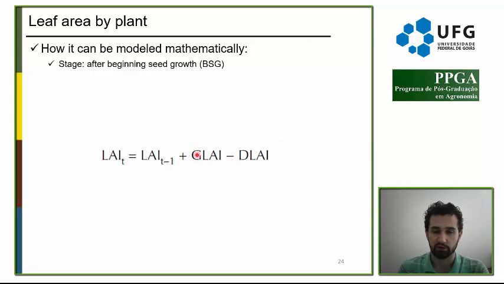So until the beginning of the seed growth, we have this increase occurring and the senescence is zero, but after the beginning of seed growth, the increase will be zero, and you have this decrease to update the value of the Leaf Area Index each day in the system. Okay.